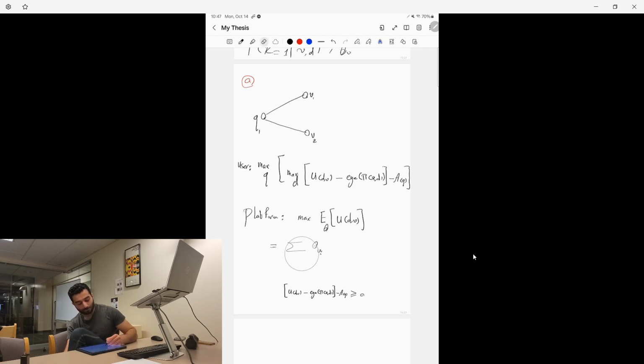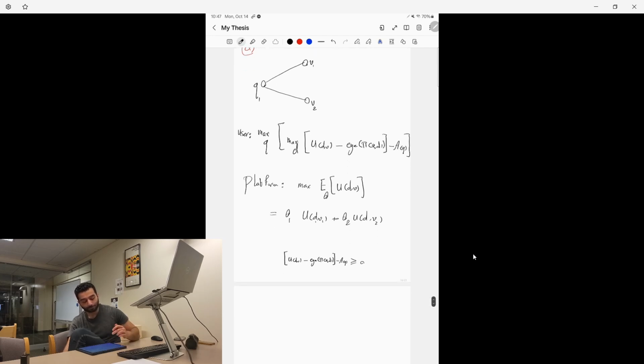Okay, simpler than that. We have only two nodes. Theta V1, U of D and V1, plus theta V2, which is 1 minus theta V1. Actually, I can call them theta 1, theta 2. Theta 1, theta 2, U, D, and V2. Alright.